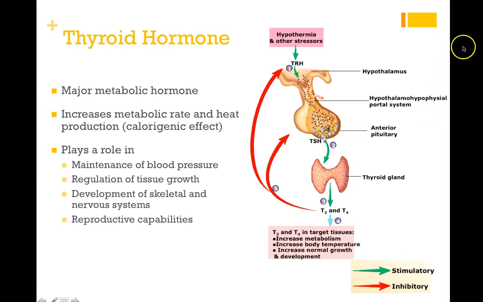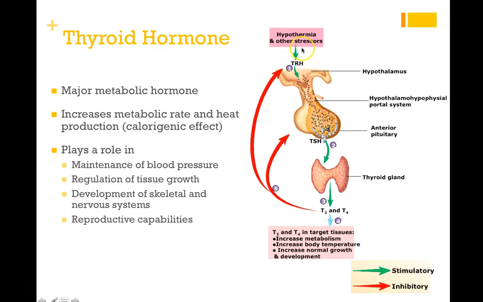And here's our schematic of how these hormones communicate with one another. So let's say you're going through hypothermia and other stressors. It is January or February in Chicago, and you're trying to go through the negative temperatures to head over to school.